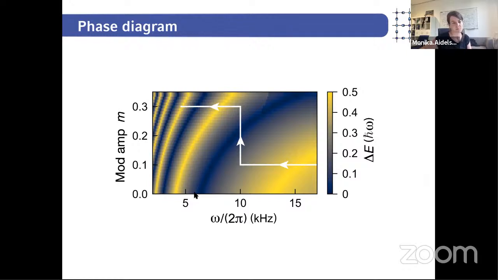So you see the energy gap between the two bands, evaluated at the gamma point, where the gap closing point happens. So these black lines show where the gap disappears. And then changing the modulation frequency and the modulation amplitude, we can scan across this parameter regime and parameterize this by our lambda parameter.